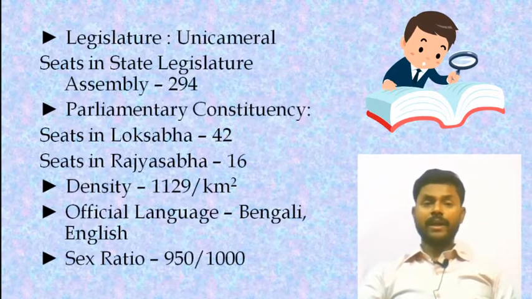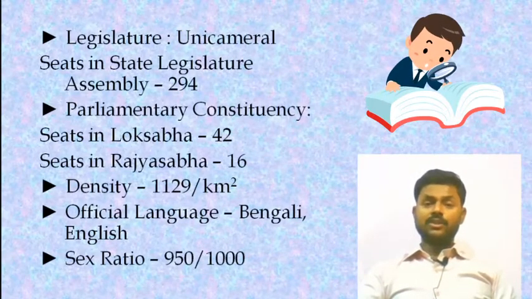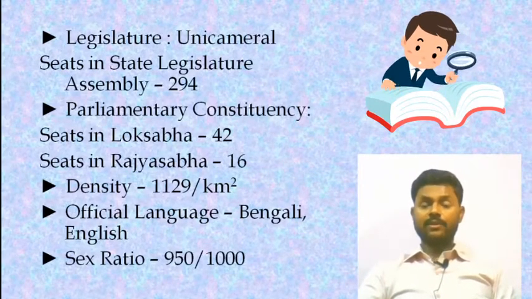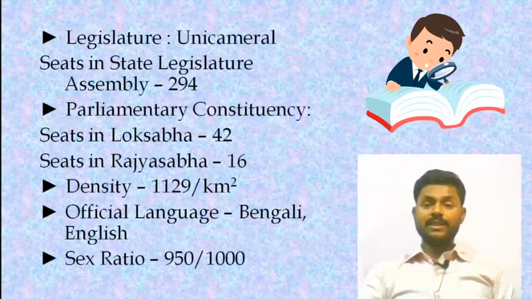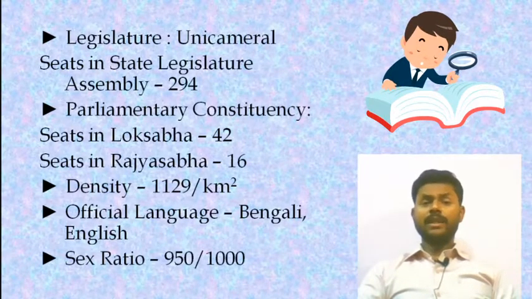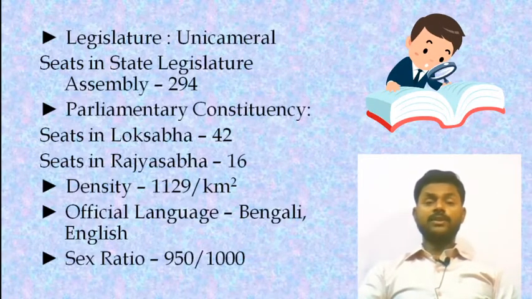Now we will know about the parliamentary constituency of West Bengal. There are 42 seats in Lok Sabha and a total of 16 seats in Rajya Sabha from West Bengal. The density of West Bengal is 1129 people per square kilometer.